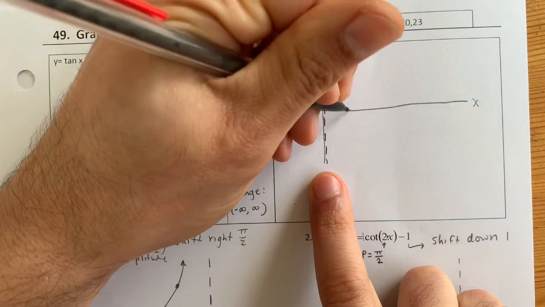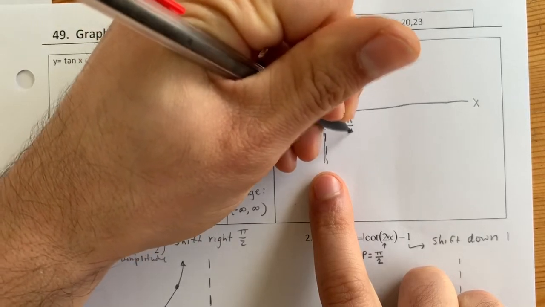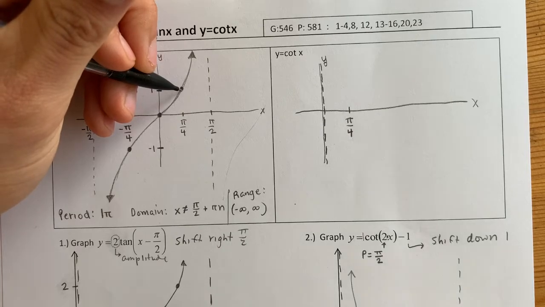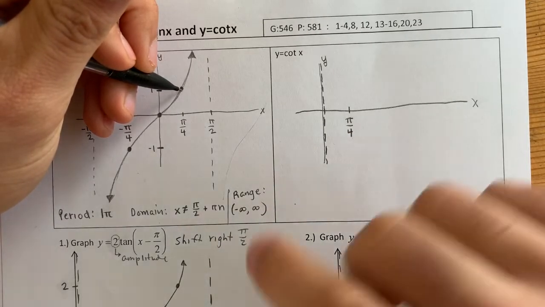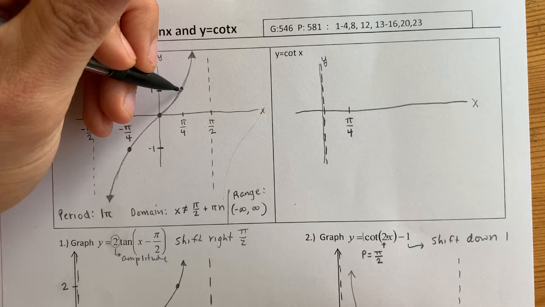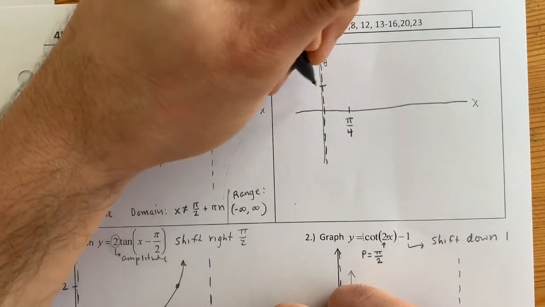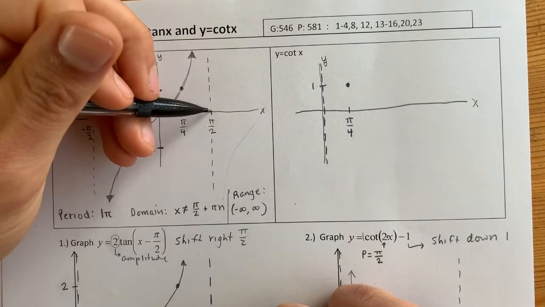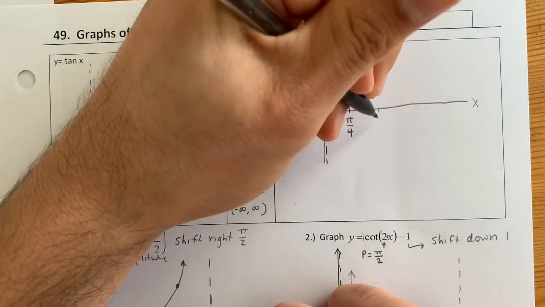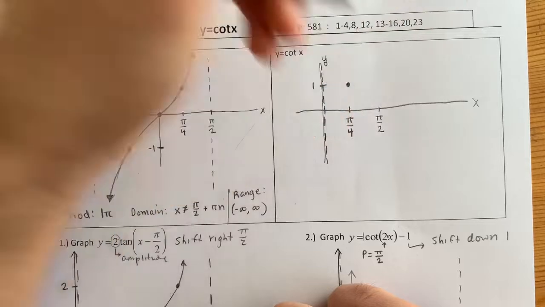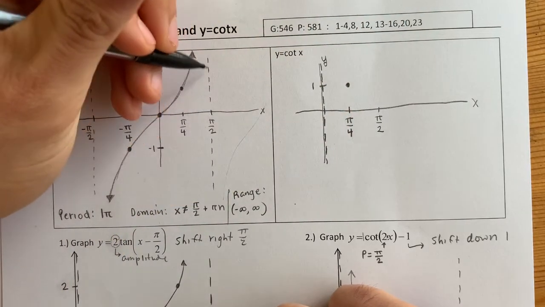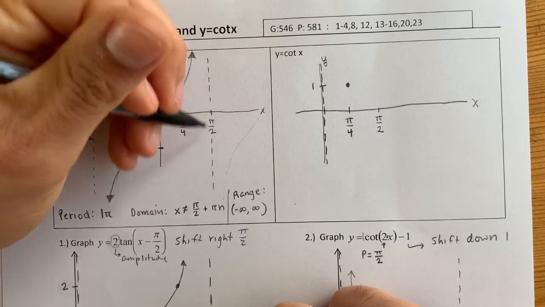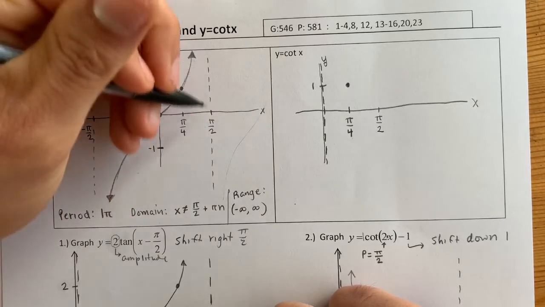At pi over 4, that value on tan was positive 1. If I do the reciprocal of positive 1, I flip 1, and it's still 1. So that point's right there. And then the next point I have is pi over 2. Well, this situation for tan was undefined, which meant 0 was in the denominator.